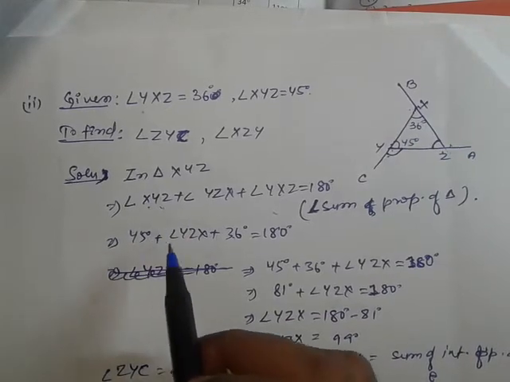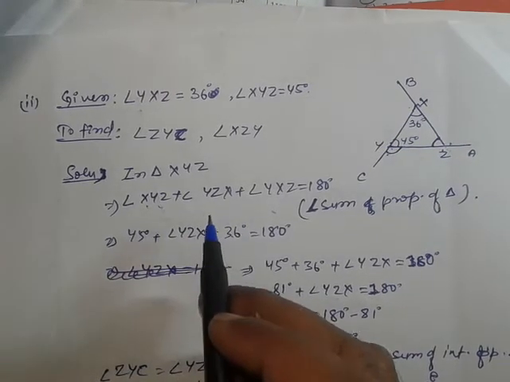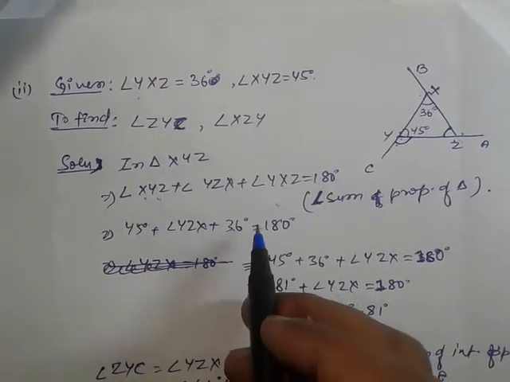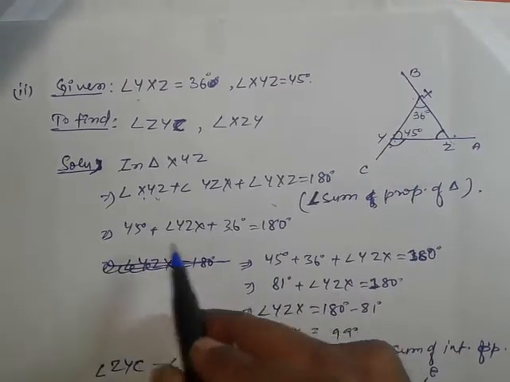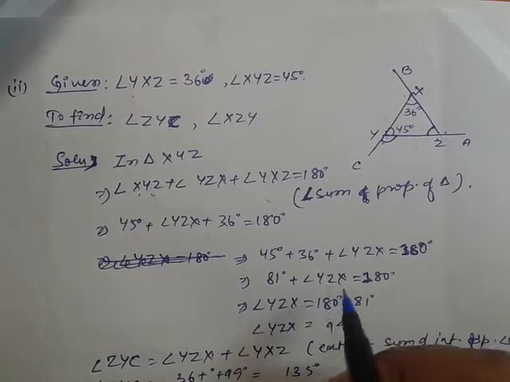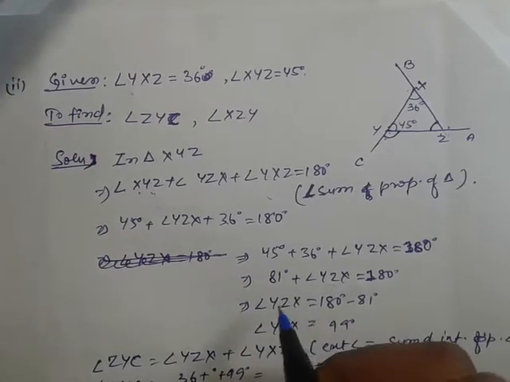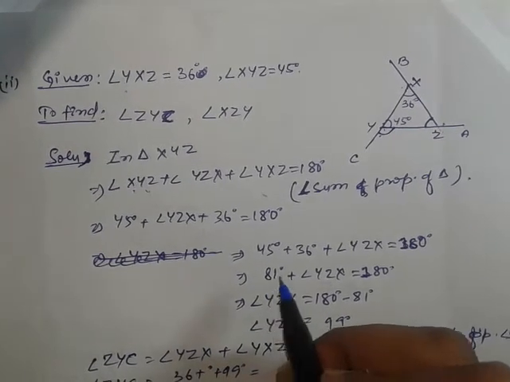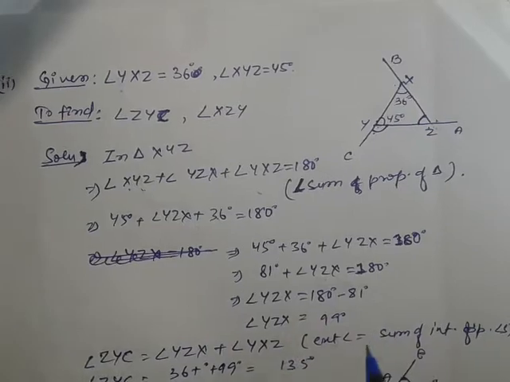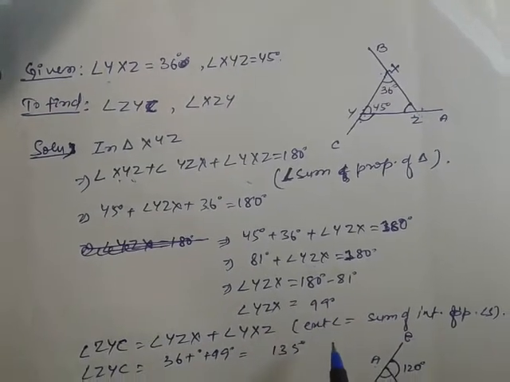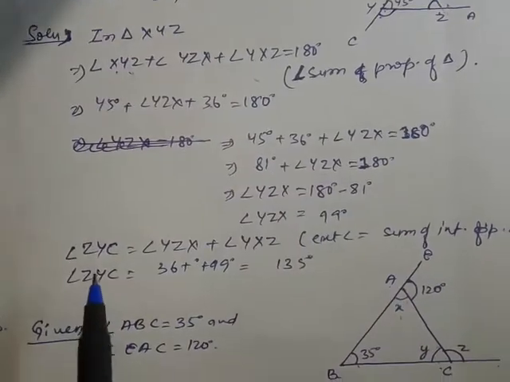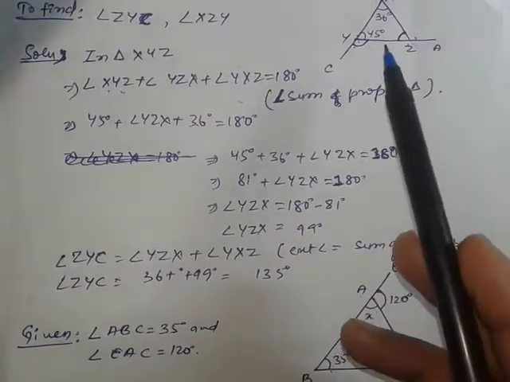Then I give the value of each angle, and then I add these two, and take them to this side because we have to find this one. When plus goes to this side, it becomes minus, subtraction. When we subtract, we get 99. Now we get one angle. Now the second angle we have to find.